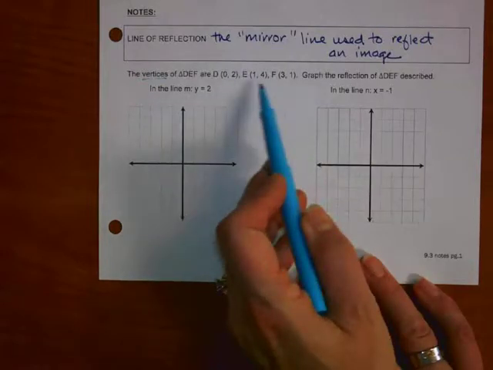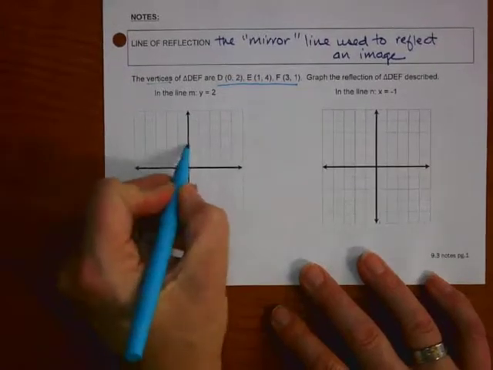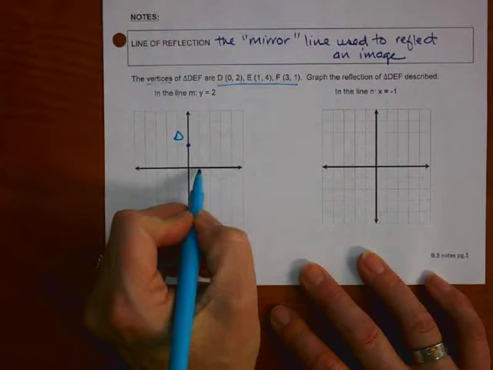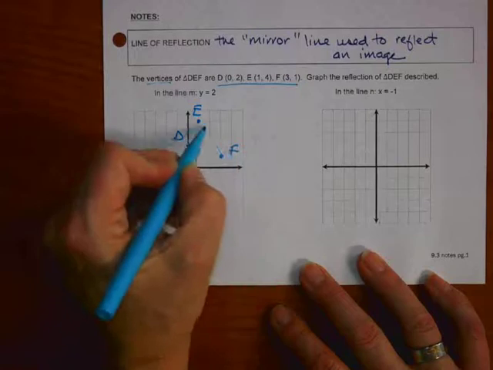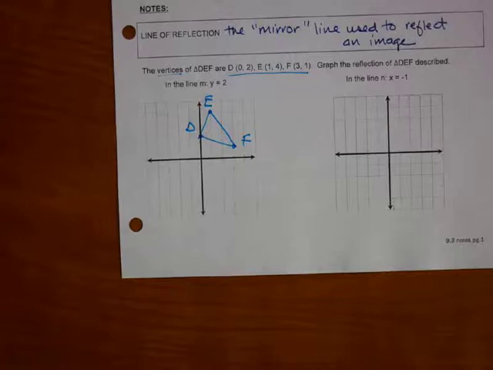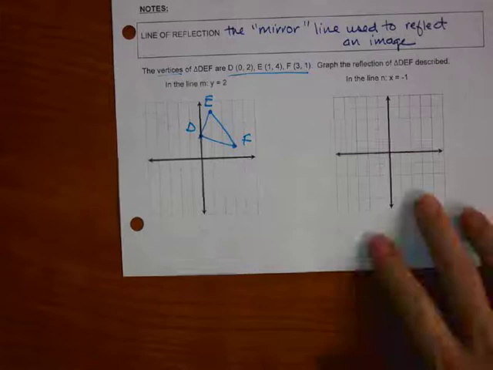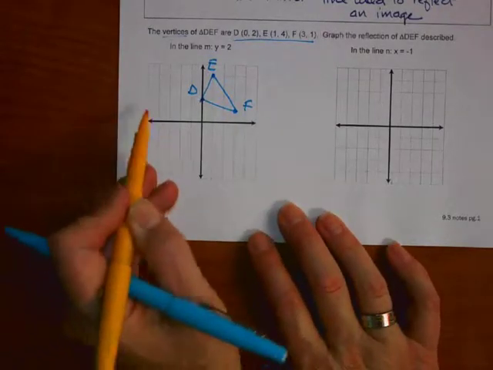Before we get too far, let's just plot these points. So it says we're going to reflect this over the line y equals 2, which is right here.